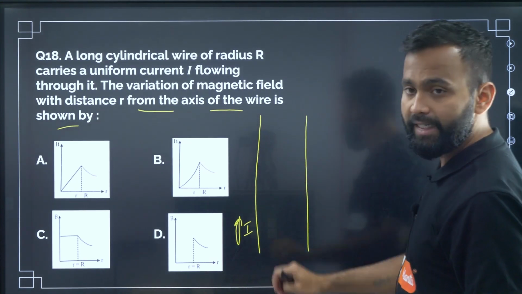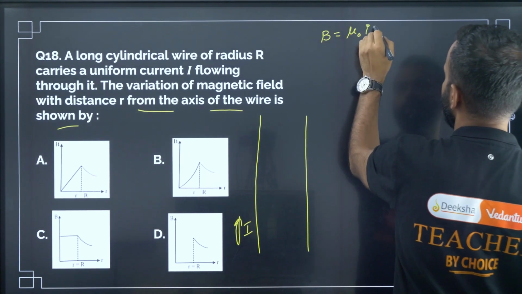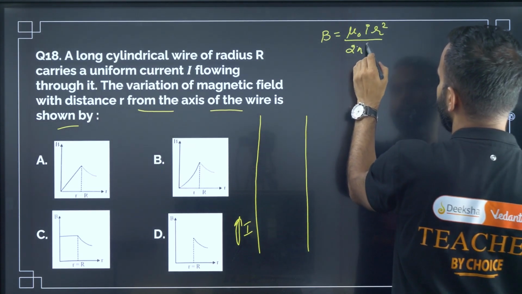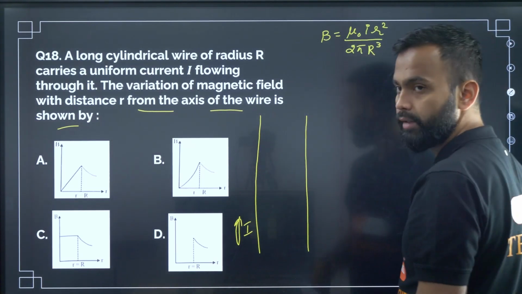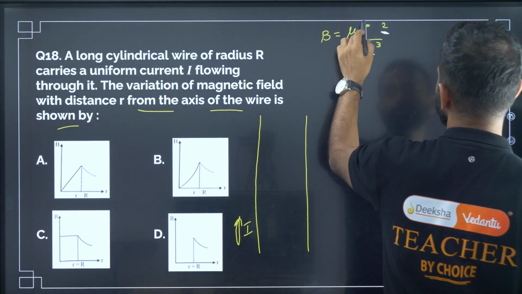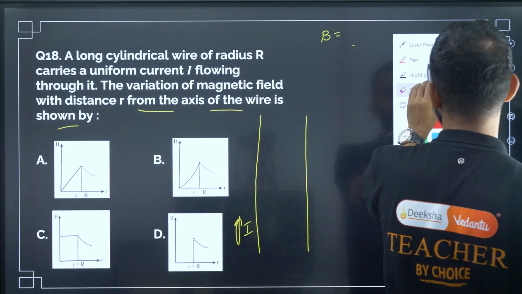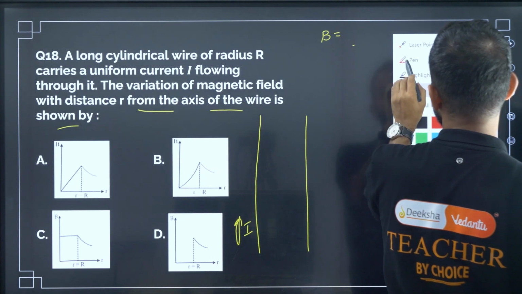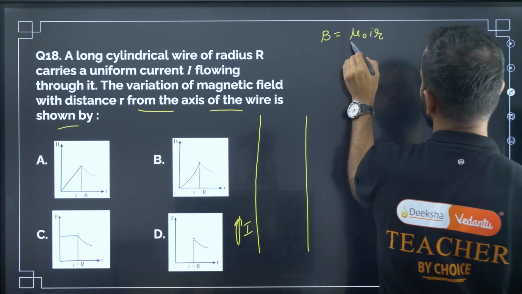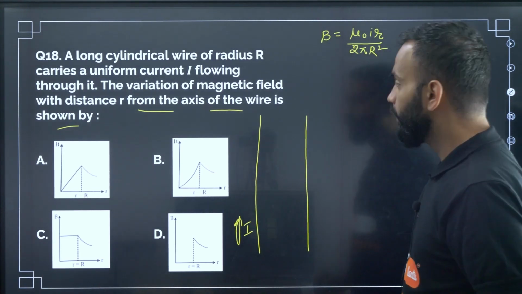So what is the magnetic field inside the wire? The magnetic field inside the wire is mu naught I r divided by 2 pi R square.